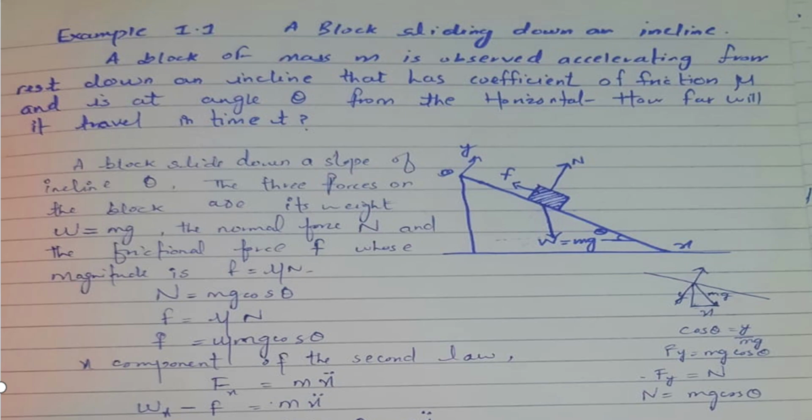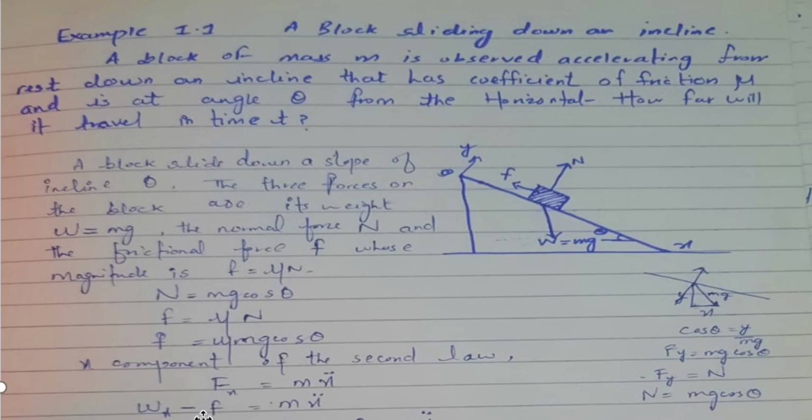Using this diagram, the force along the x-axis equals the weight component acting along the slope and the frictional force, which we put with a negative sign. Why? Because the frictional force acts against the motion.